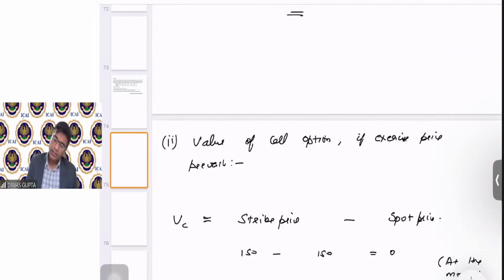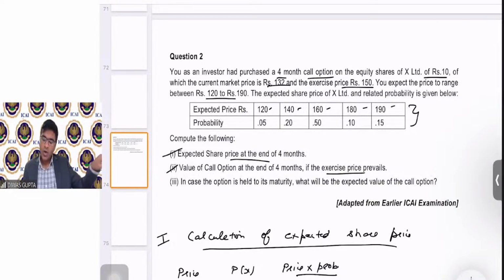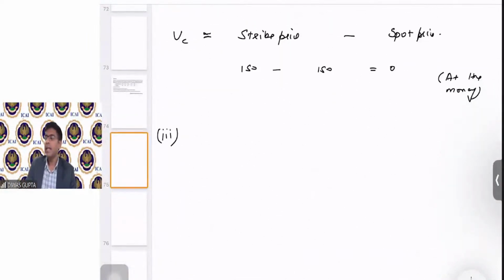Now let's come to the third part. In case the option is held to its maturity, what will be the expected value of the option? Again, now we have different probabilities. For those different probabilities, can we calculate the different value of options and then arrive at the expected value of the option at the end of the 4 months?